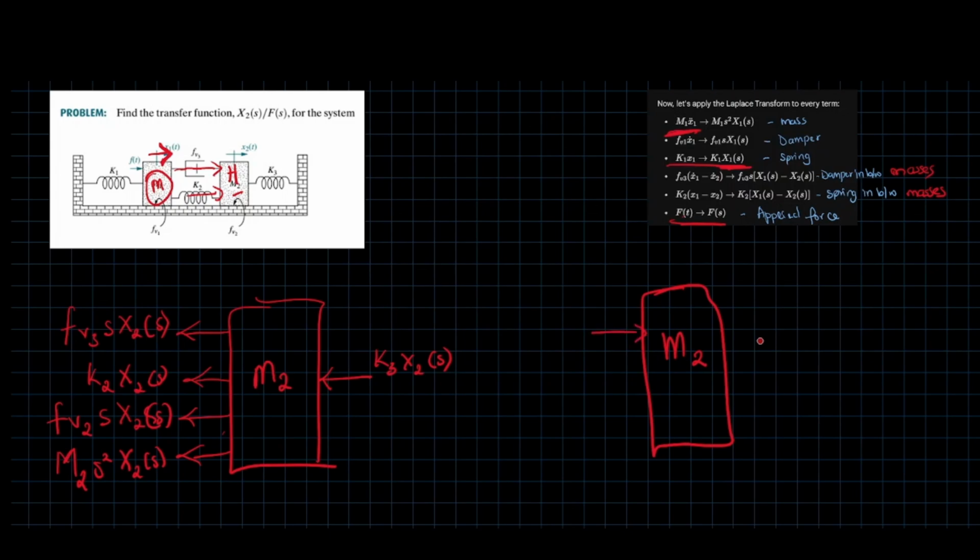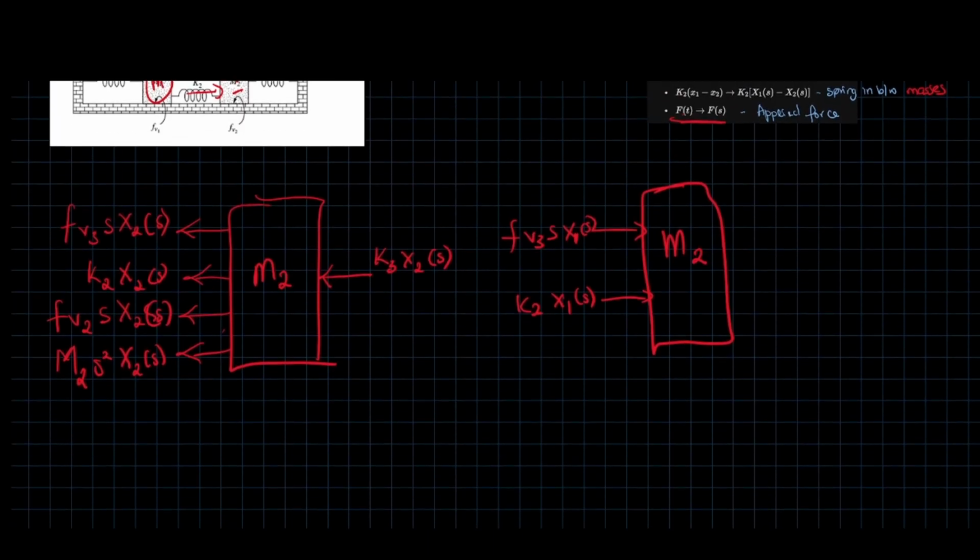So we're going to have forces like this. It's going to be FV3 S X2 S and K2 X1 S. Sorry, in this case, it is the distance moved by X1 that's affecting the system. So it's supposed to be X1.